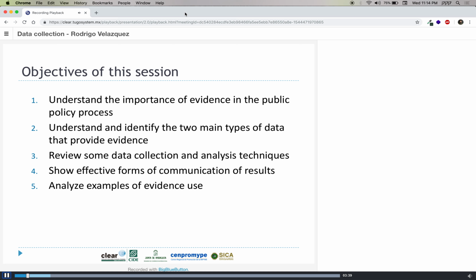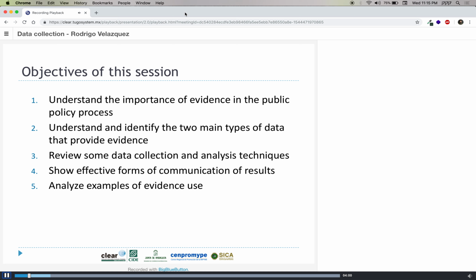So we have to review some data analysis and some techniques. However, in this session we are not going to have enough time. So if you are interested in this, then we're going to see this in more detail concerning the different techniques.